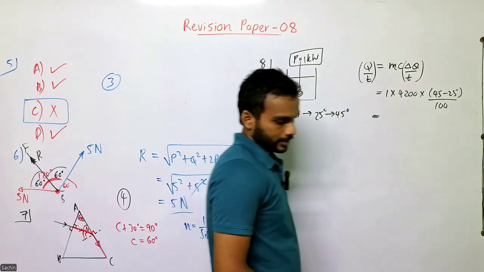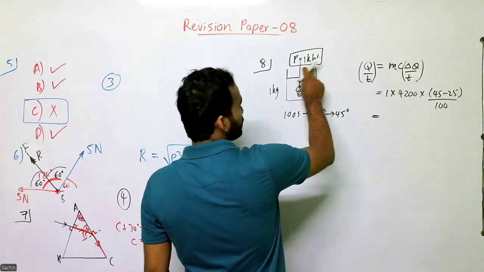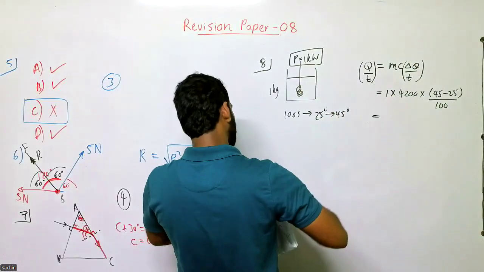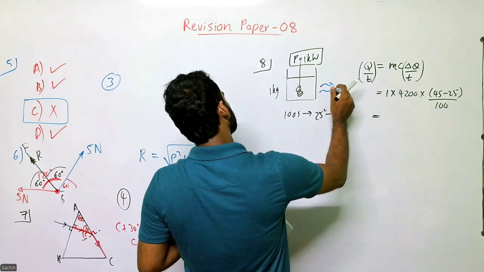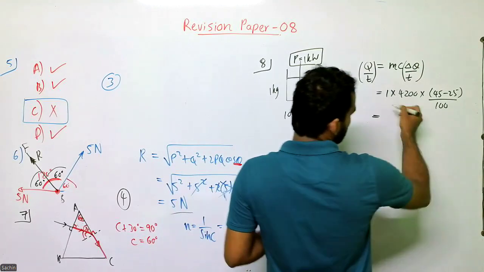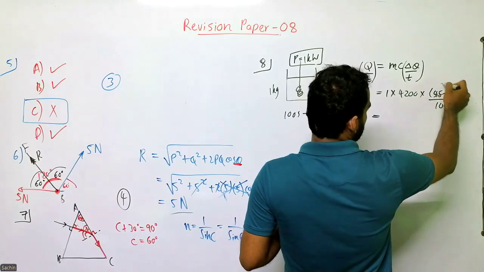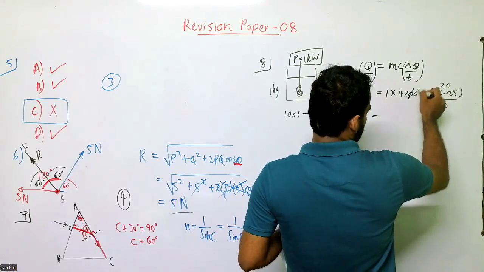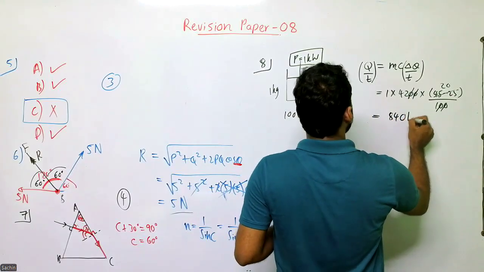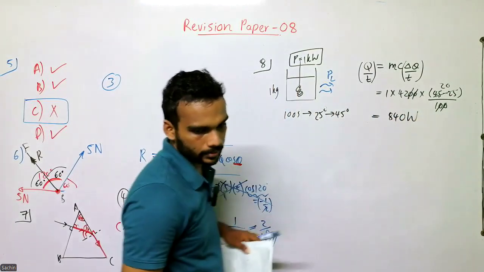So what should happen first? This immersion heater will be giving 1 kilowatt, and this amount will be consumed by water. Then the rest should be lost as heat, let's say P loss. So what is this value? The heat consumed by water comes as 840 watt.